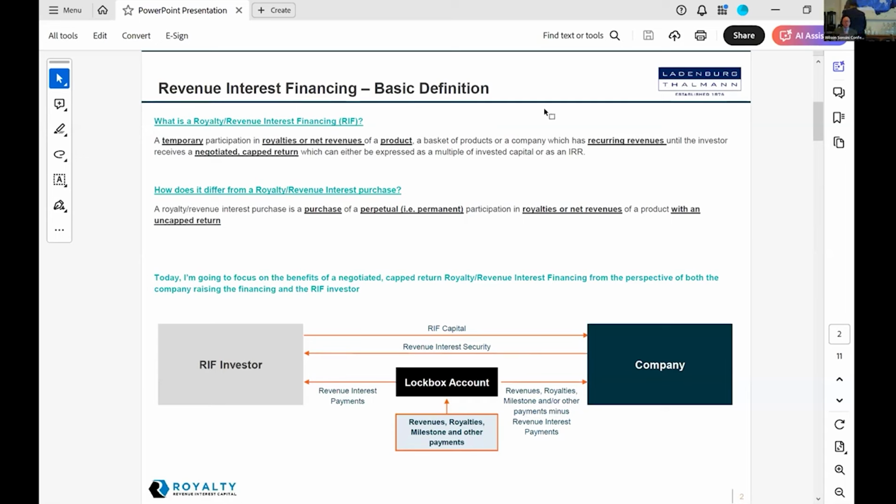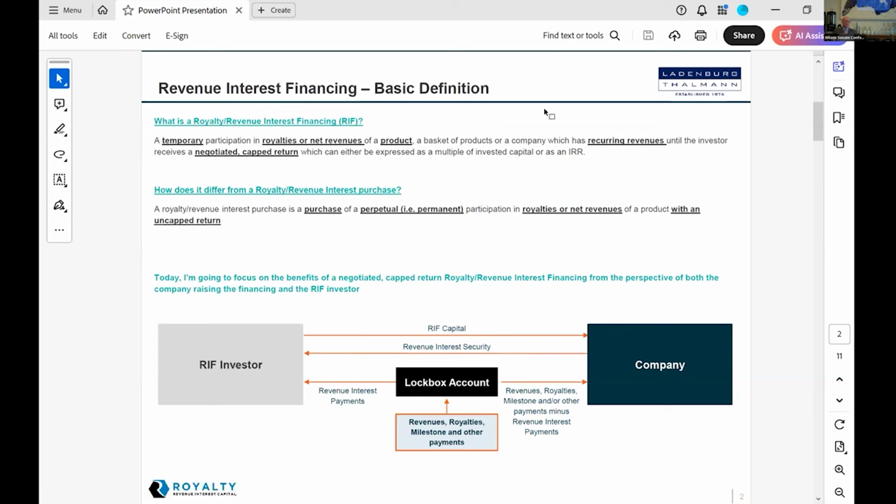There's a simple block diagram at the bottom of the page. It basically shows how this works. Revenue interest financing is a RIF. The RIF investor provides capital to the company. The company gives them a revenue interest security. Money comes in the form of royalties, or money comes into the company from customers who buy the products of the company, and goes into a lockbox.